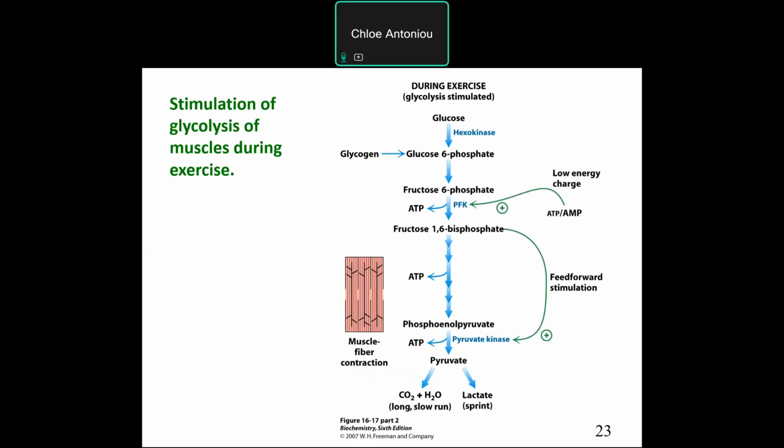So ATP is being converted to AMP. So now the ATP to AMP ratio is decreasing. AMP concentrations are rising and ATP concentrations are dropping. This will stimulate PFK. It will release the inhibition from pyruvate kinase. You'll be using the glucose 6-phosphate, so the inhibition to hexokinase will also be released. Does that make sense? Any questions?